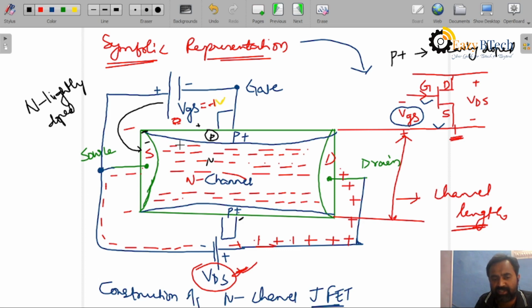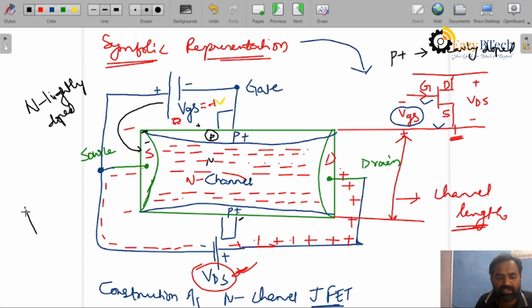That is, when VGS is less voltage, because the P is heavily doped, the width in the P material can be less. It means width expansion or depletion region expansion is inversely proportional to the doping concentration. Width expansion is inversely proportional to the doping concentration.